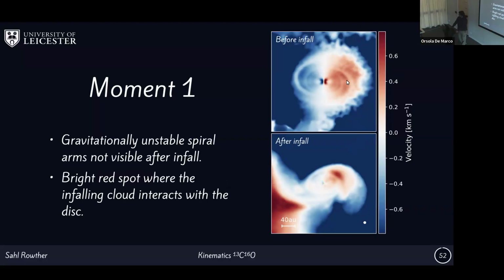Before infall, the two main things you can see are the spiral arms themselves and the red-blue split due to the rotation of the disk. After infall, you can still see the red-blue split, but it's a bit less clear. The other main feature is a bright red spot where the infalling cloud interacted with the disk, and the spiral arms are not visible anymore.